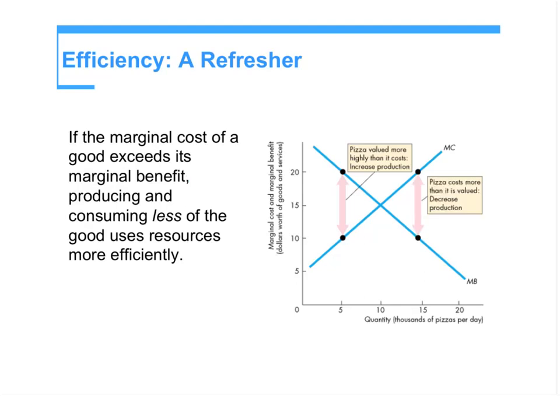So if the marginal cost of a good exceeds its marginal benefit, producing and consuming less of the good uses resources more efficiently. If you get to a point that the marginal cost exceeds the marginal benefit you get from the production of a certain product, then using less of that product is more beneficial to you.